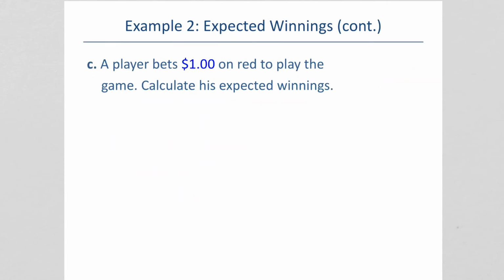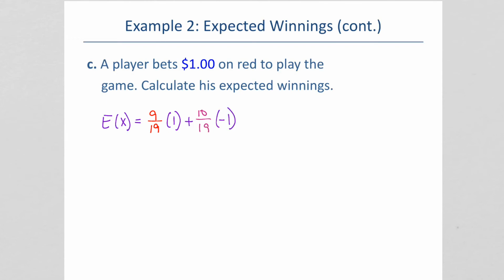C says, a player bets $1 on red to play the game. Calculate his expected winnings. So there's a 9 over 19 chance that he'll get $1. And there's a 10 over 19 chance that he will lose $1.